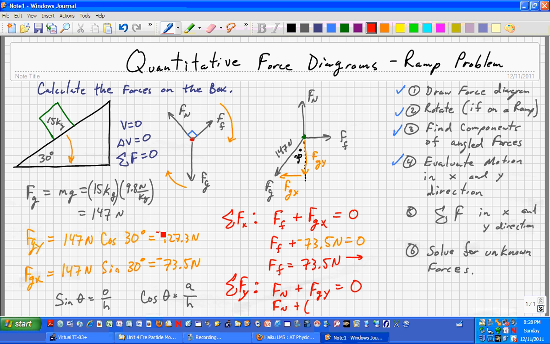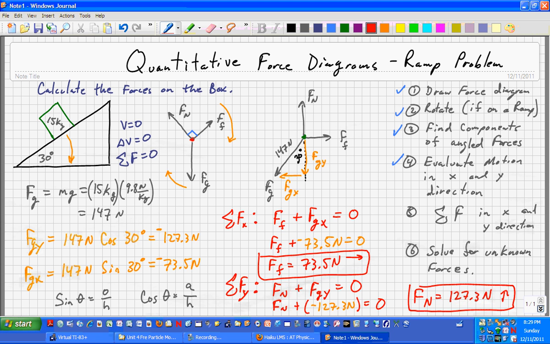Again, this is pointed downwards, so this is going to be negative. It's going to be equal to 0, which means that my normal force is going to be equal to a positive 127.3 newtons, or upwards.